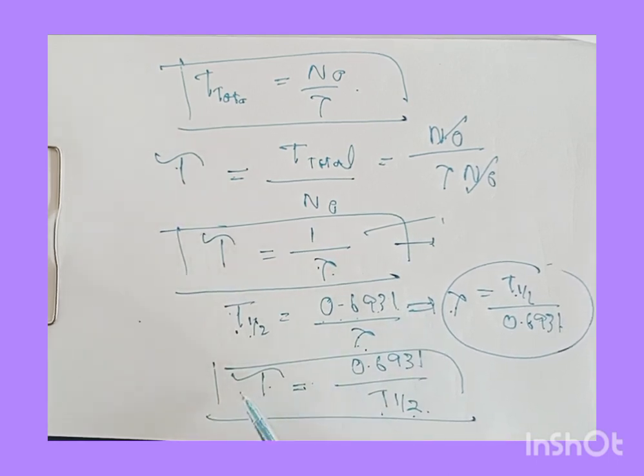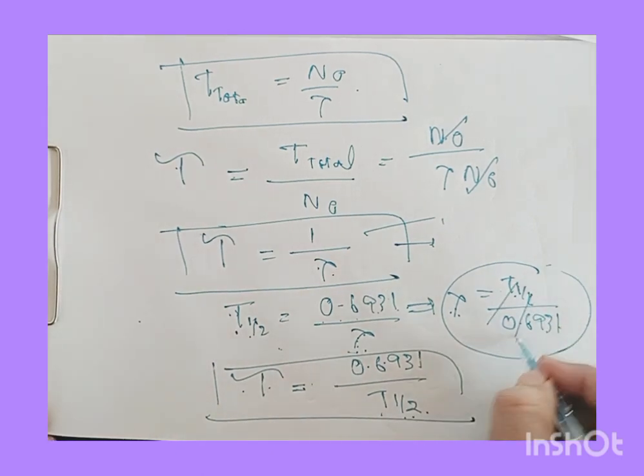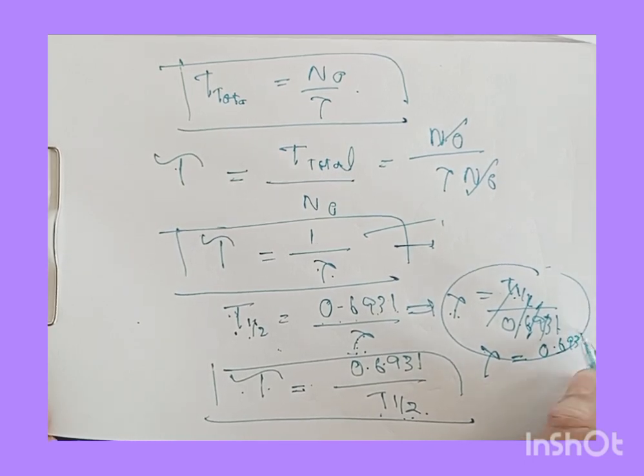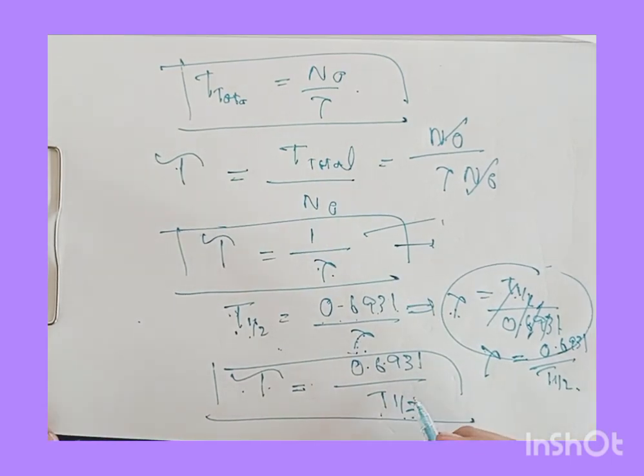And tau is 1 by lambda. So for lambda I have 0.6931 by T half. I have written it reciprocal.